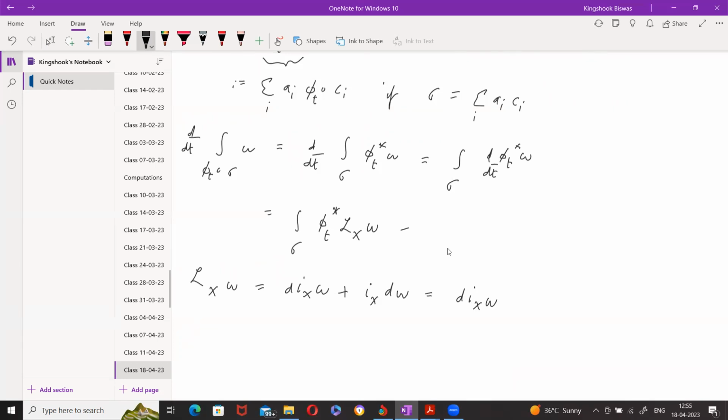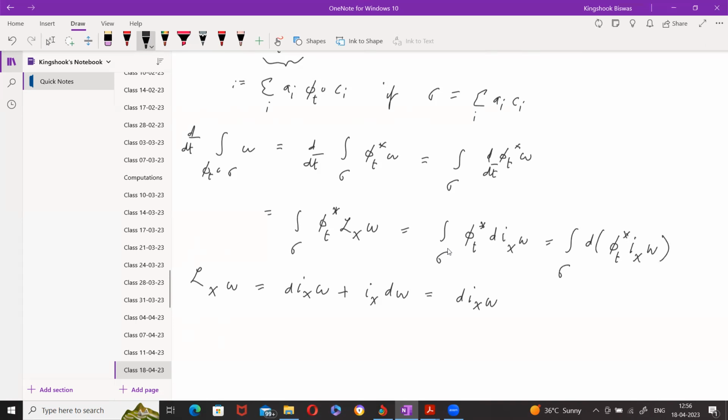So this becomes the integral over sigma of phi t star of d of I_X omega. But by naturality, d commutes with pullback, so this is the integral over sigma of d of phi t star of I_X omega.